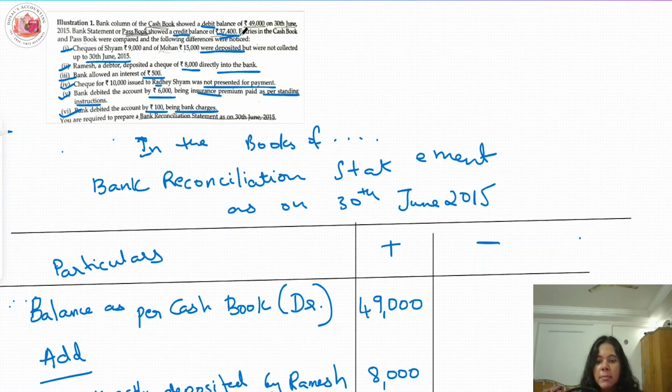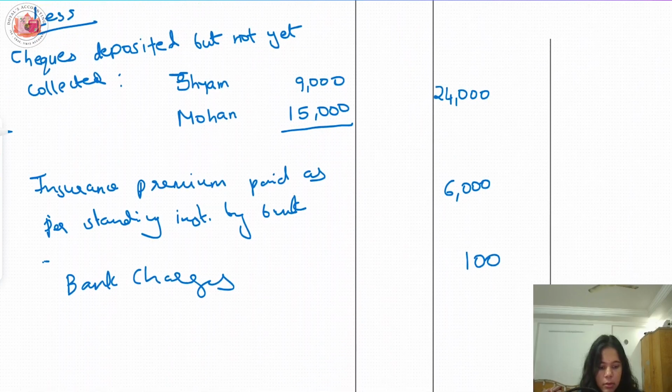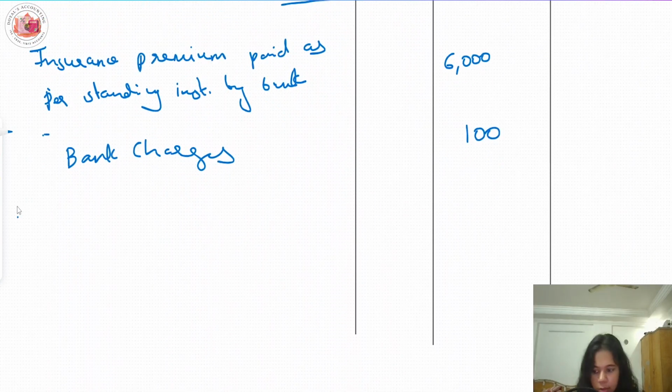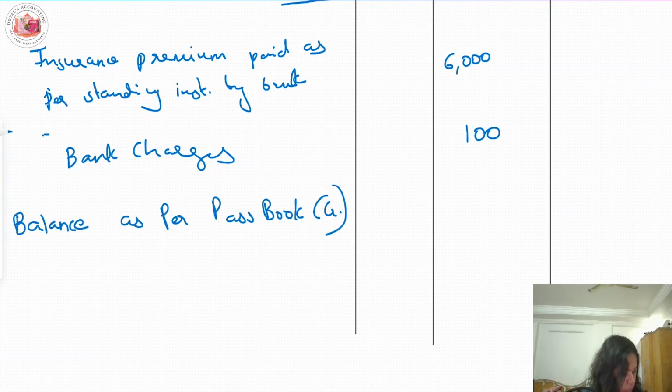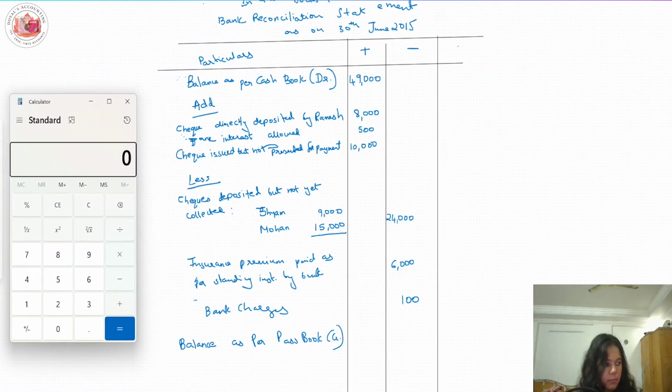Now I have to end up with this balance 37,400. Let's do the computation and let me write here balance as per passbook. Okay, so see, I'm starting out with 49,000 plus 8,000 plus 500 plus 10,000 minus 24,000 minus 6,000 minus 100.